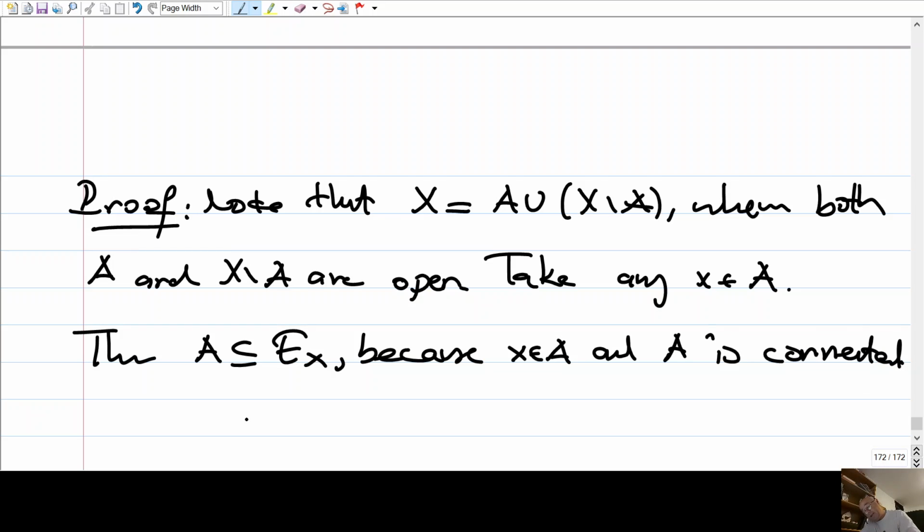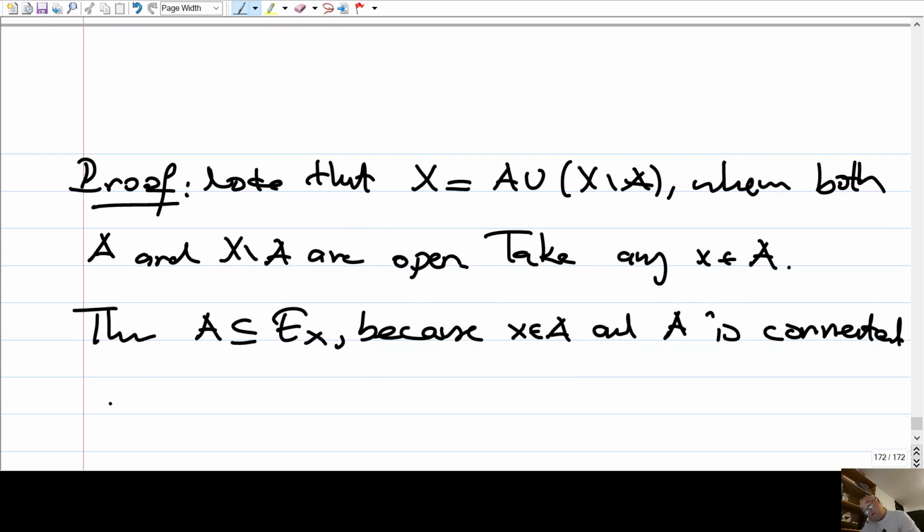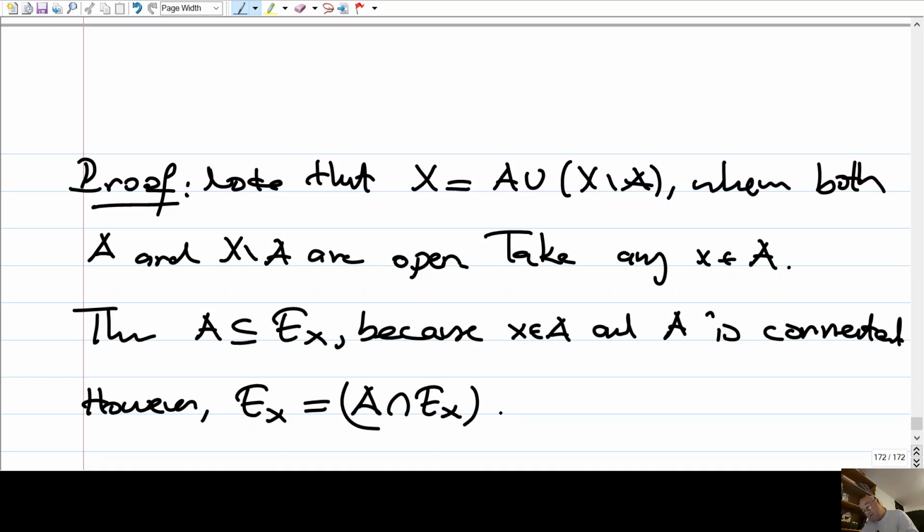But on the other hand, we have the following. This E_x can be written like this. Taking intersection of this with E_x, I have E_x intersection A union (X minus A) intersection E_x.